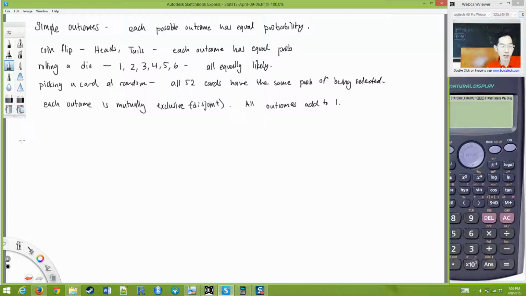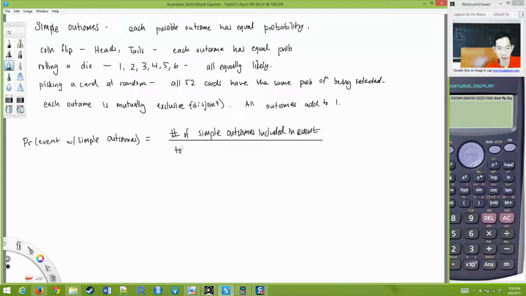So then, in this case, the probability of any event with simple outcomes is equal to the number of simple outcomes included in the event divided by total number of simple outcomes.